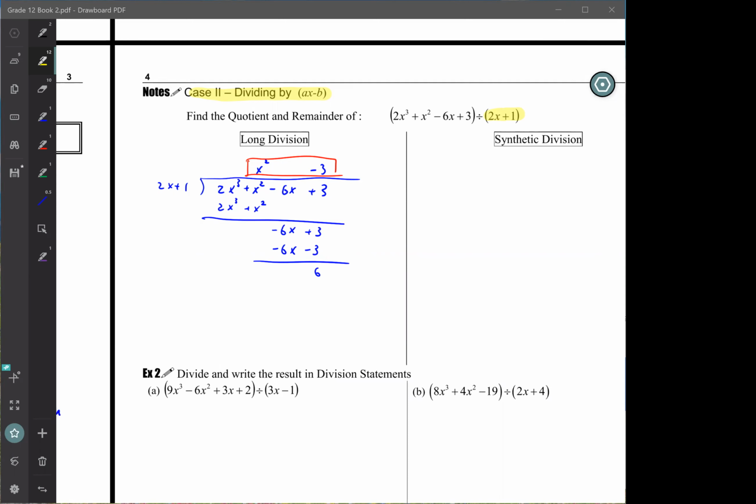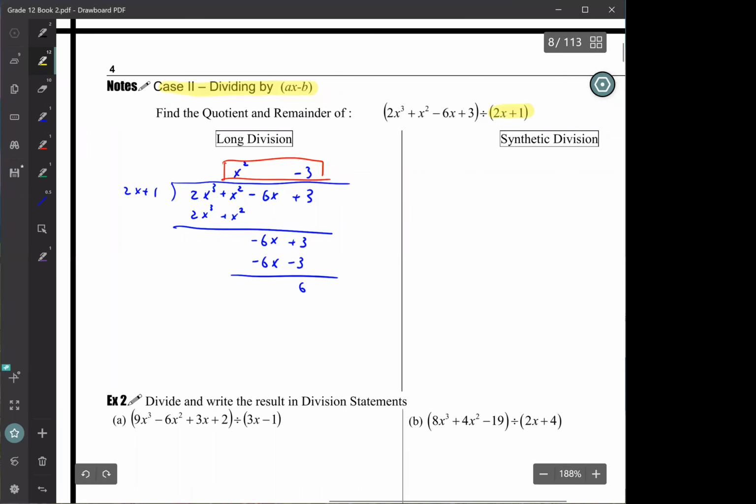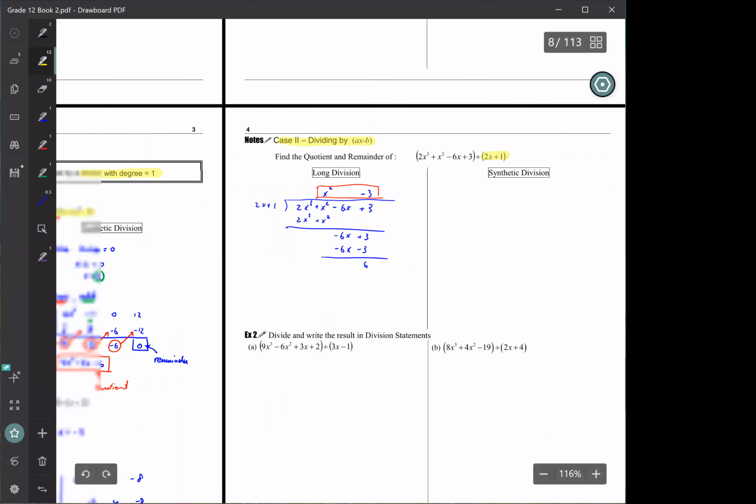And then we had long division. With long division, we already got the answer x squared minus 3, and now we'll follow the same steps for synthetic division and see if there's any difference.